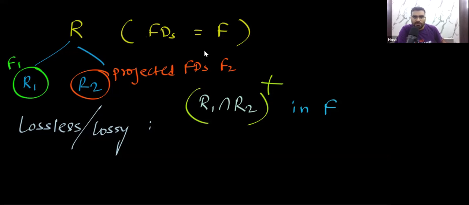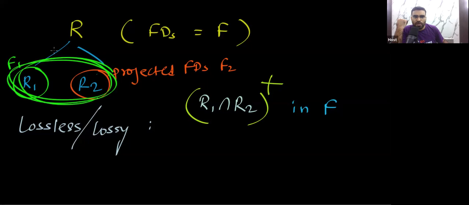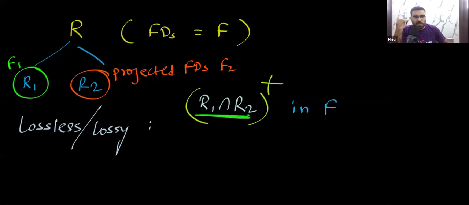So tell me, when you find the common set of attributes R1 intersection R2, will you find their closure in F2, F1, or F? You will find it in F. So a very simple point: whenever you have a binary decomposition, and you want to check whether it is lossless or lossy, you find the set of common attributes, R1 intersection R2, and then find their closure in F. Don't find the closure in F1 or F2.